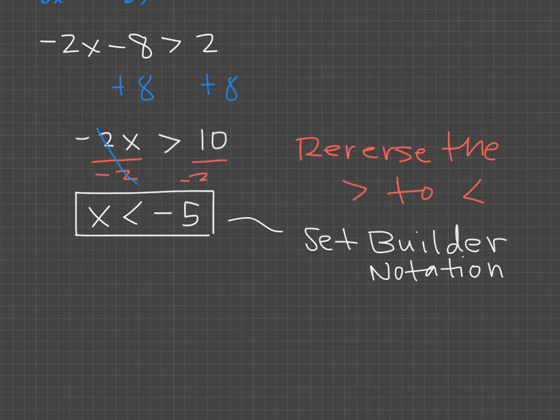We have x less than negative 5. So that means that negative 5 is the larger number, which means that our smaller value, we're going to use negative infinity. So negative infinity to negative 5. We use a parenthesis because it's a less than, and it's always a parenthesis with an infinity.